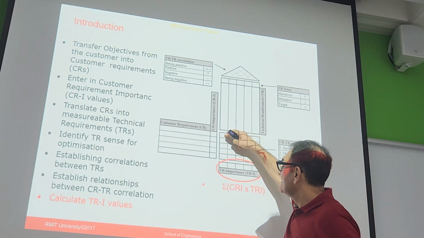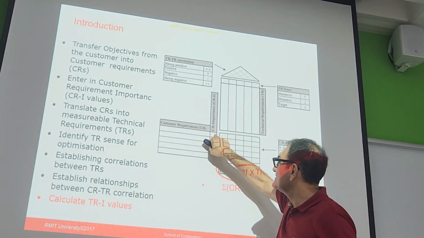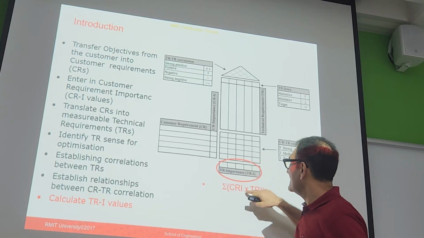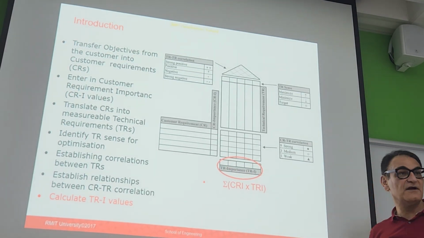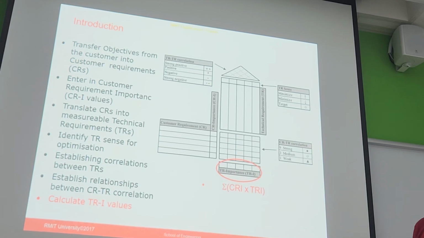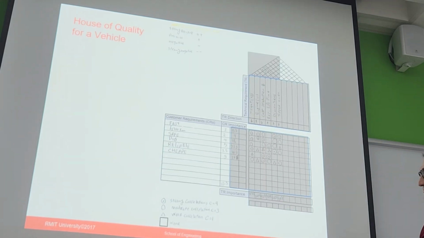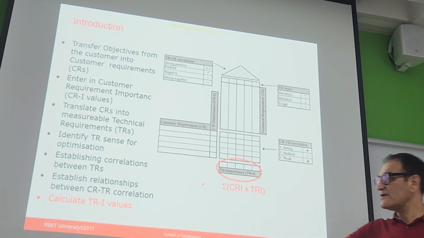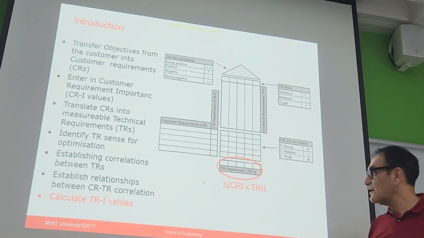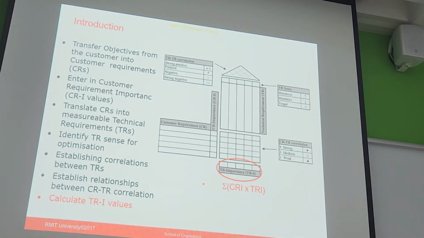It means CR multiplied by this, and then sigma is there. Okay? Sigma. So, look, do you like to copy from here? It is the calculation of the TR.